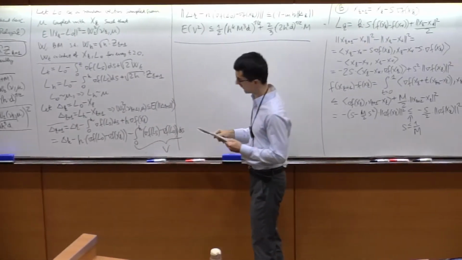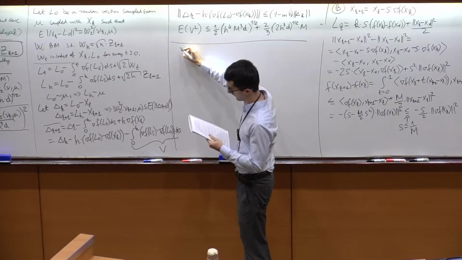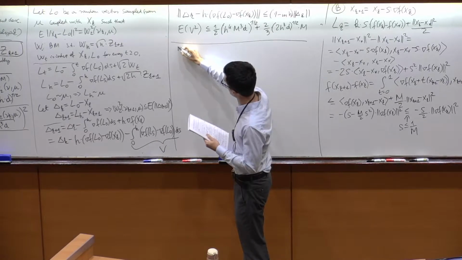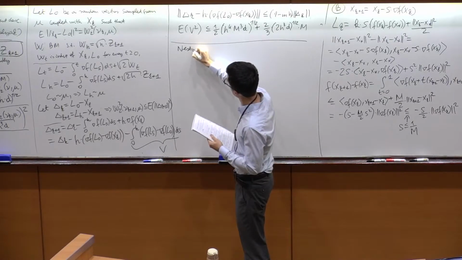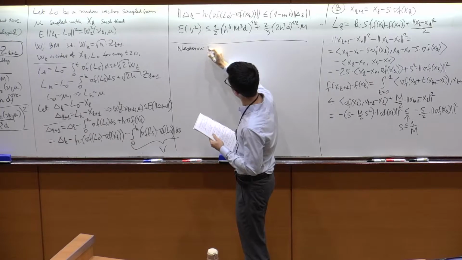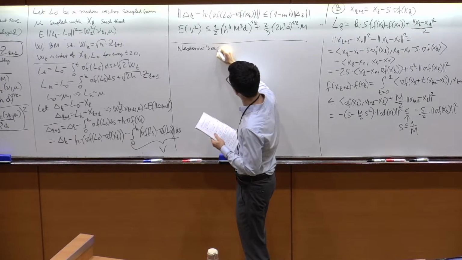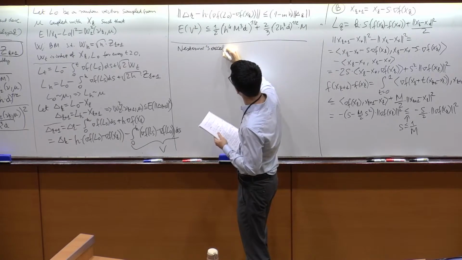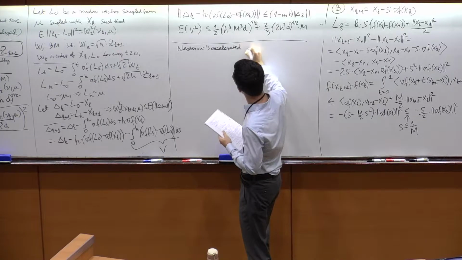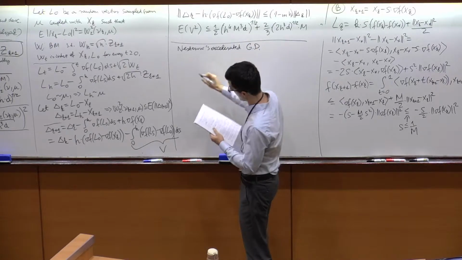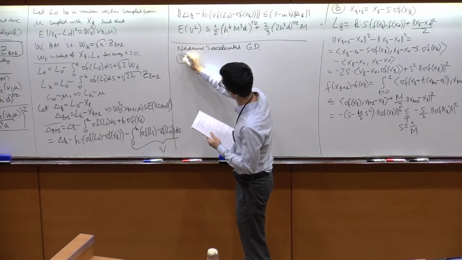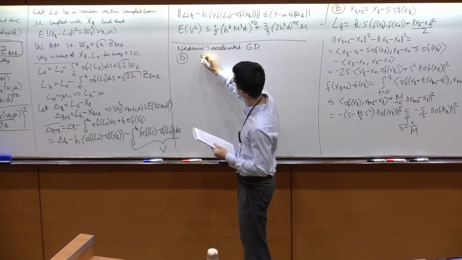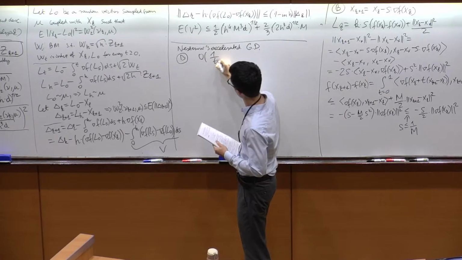But Nesterov has shown that under assumption B, it is possible to obtain rate of order 1/t squared.